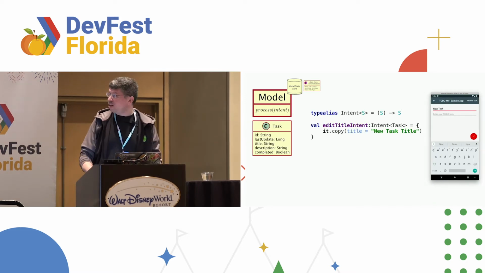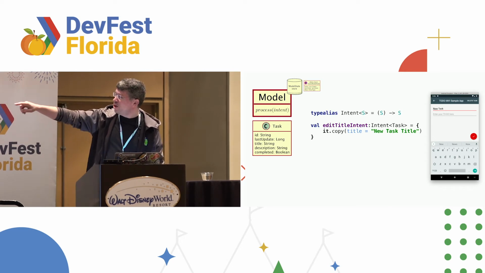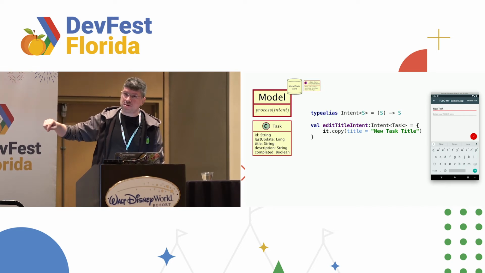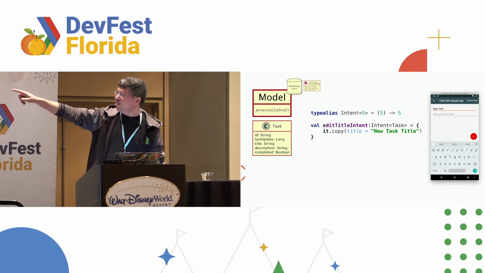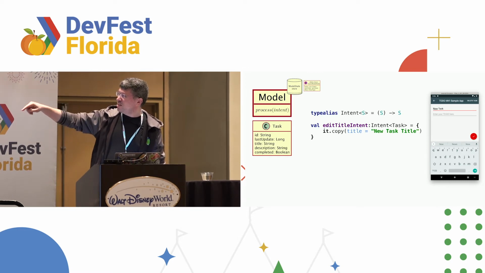And here, data classes come in really, really handy. They give you this copy operator. So here I'm creating an intent to update a task. So it's not the list of tasks and everything else, but if I want to edit the title of a task, then the intent would basically be taking in, as the it parameter in Kotlin, the old task.